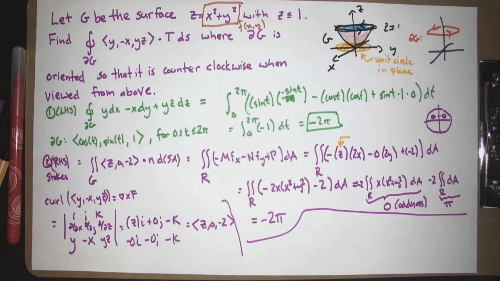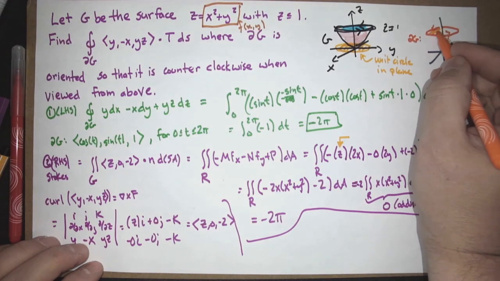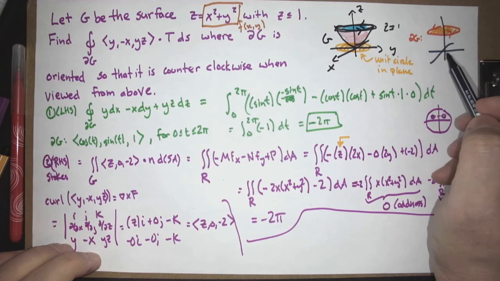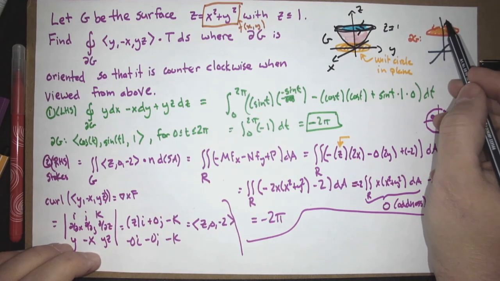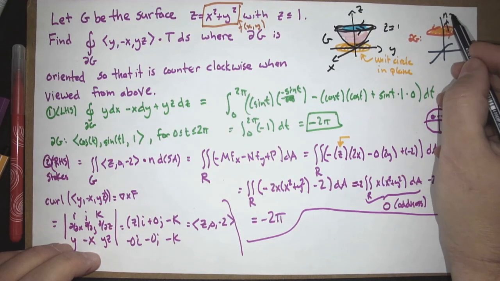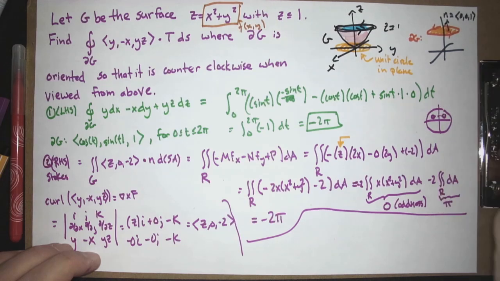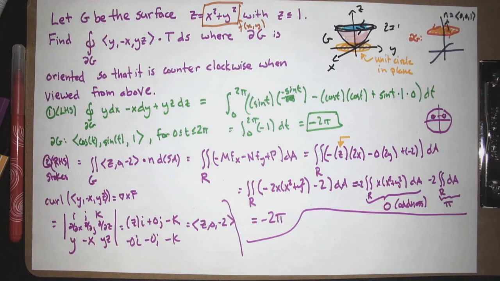What's a good surface there? Yeah, a flat circle, a disk. Now, what's the orientation for this? What's our normal vector? Are we going up or down? Up. So what is n? 0, 0, 1.